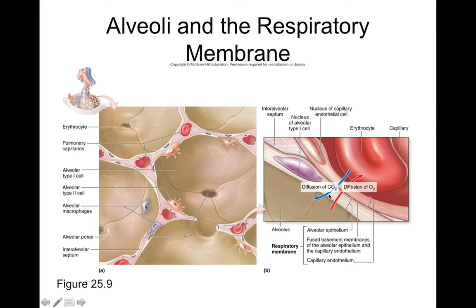And they're fused together, which basically means that this is the entire respiratory membrane right here. And so gases can move from air into blood or from blood into air because this membrane is thin. We talked about that, that was Fick's law. And by keeping this respiratory membrane thin, it allows for gases to move very rapidly from air into blood or vice versa. And this is diffusion, so these molecules only move from high to low concentration, right?